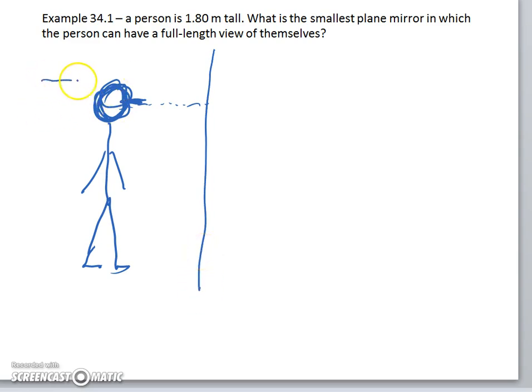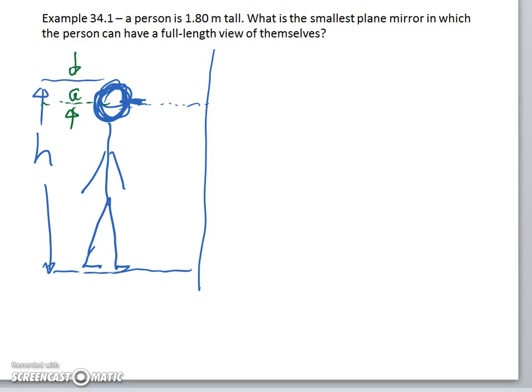So first of all, if the height of the person is h, and we know the value of that, but let's do this in letters first. Then let's say the height from the top of the head to the eye is, for no good reason, a.